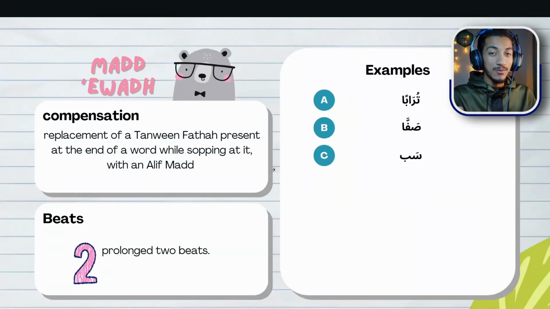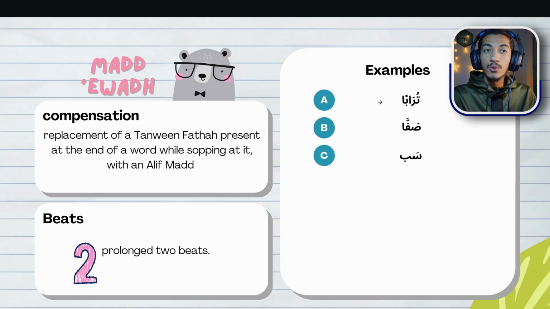It's only Tanween Fatha. If you notice, there is an Alif after every Tanween Fatha. This Alif is not pronounceable, but here's our rule. Once you stop on this word, you will replace the Tanween by a Maad.